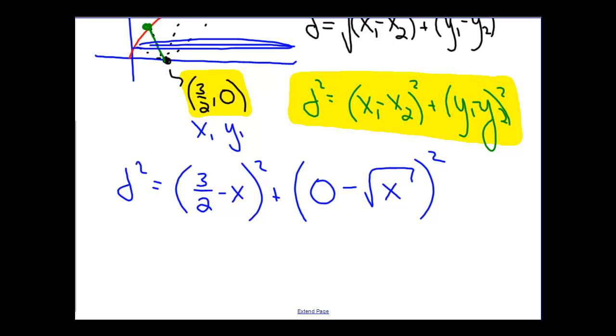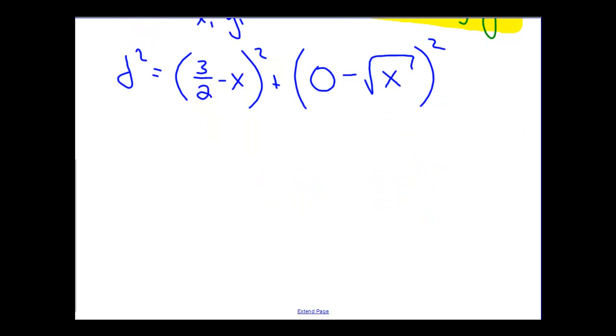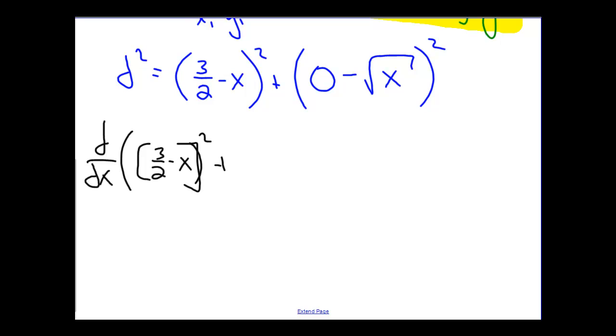And so we'll go ahead and do this. I'm going to just find the derivative of this function. So I'm going to take the derivative of (3/2 minus x) squared plus (0 minus the square root of x) squared. And maybe it's going to be useful for us to do a little bit of simplifying here first.